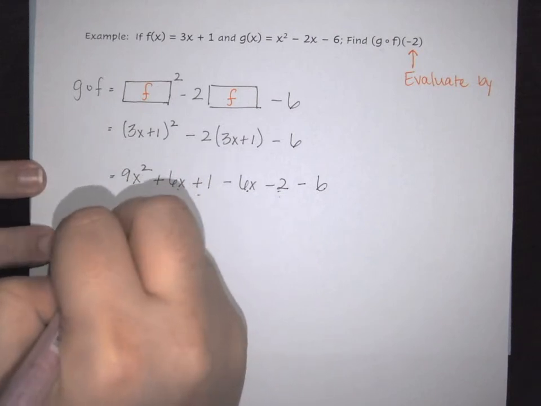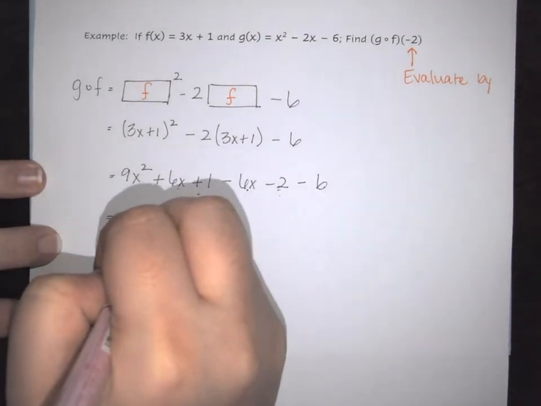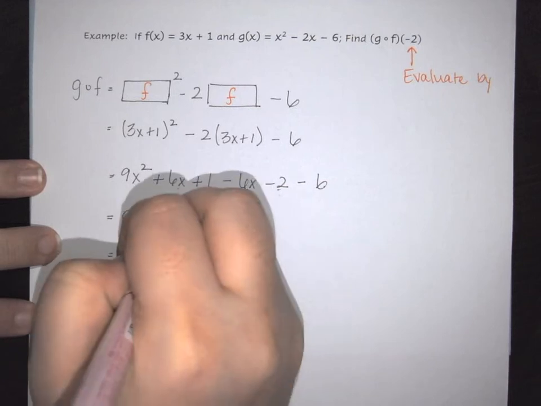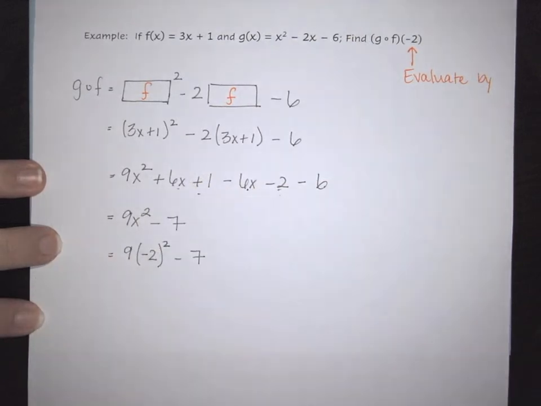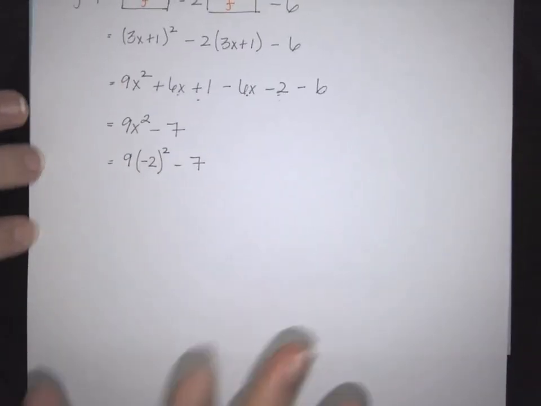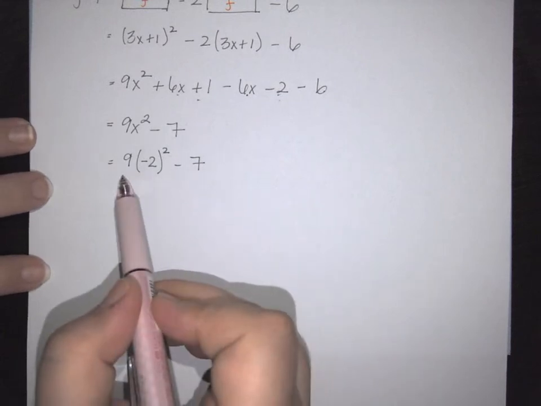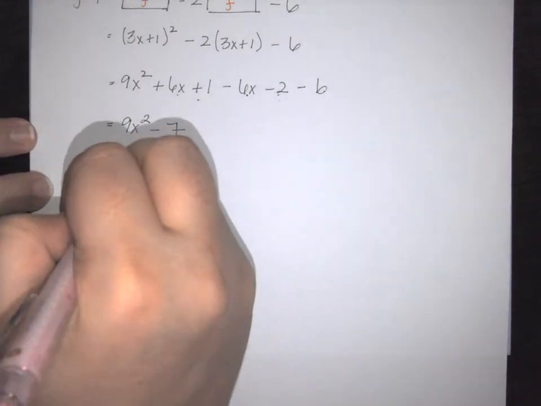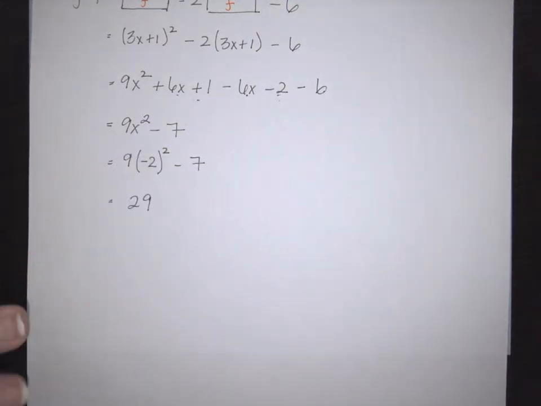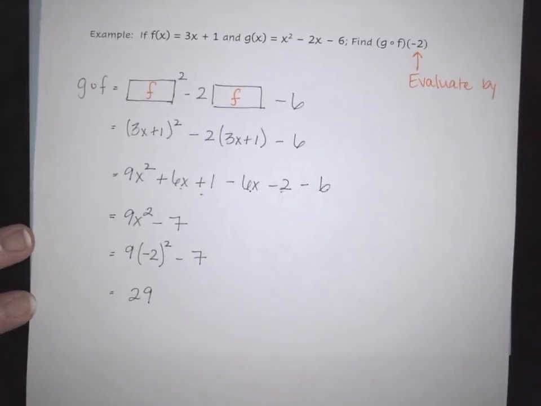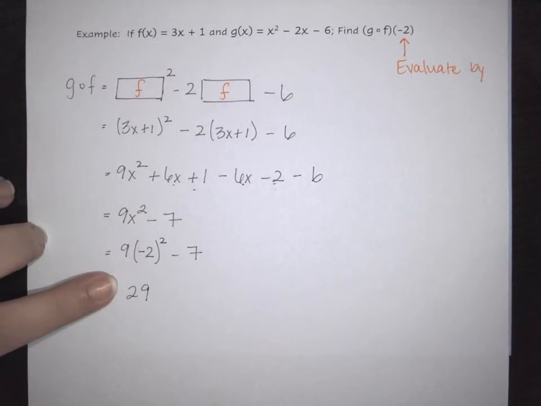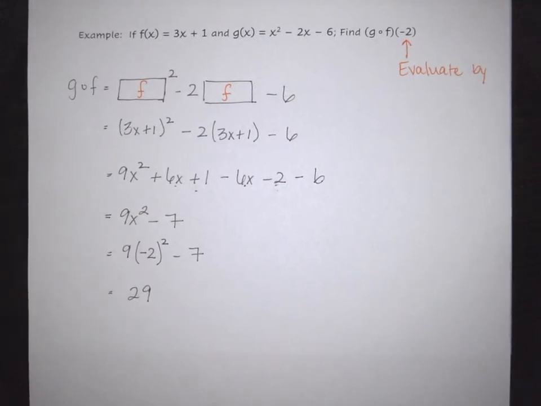So we input negative 2 into 9x squared minus 7. Negative 2 squared is 4. 4 times 9 is 36. Minus 7 gives you 29 as a result. So if you evaluate by a number, you will get a number answer. If you evaluate by an expression, you get an expression answer.